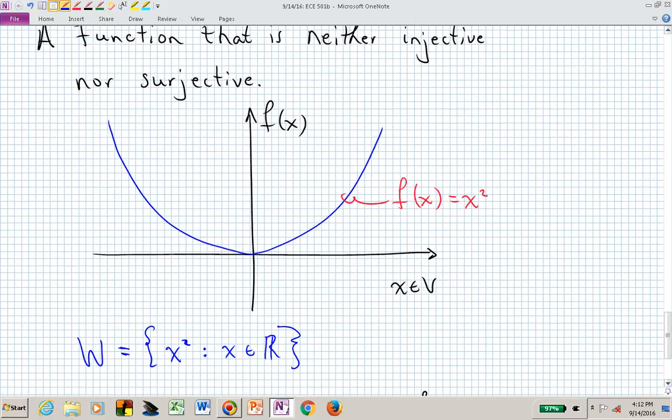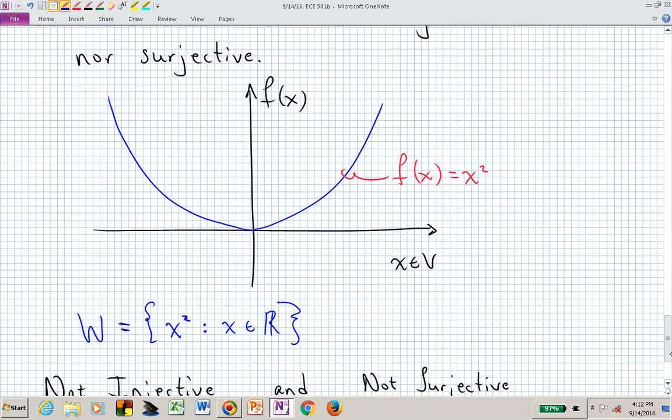And it's not surjective. Our output space W is x squared, and if our output vector space was all of R, then it wouldn't be. So here, maybe what I should have said is, how do I want to say this?